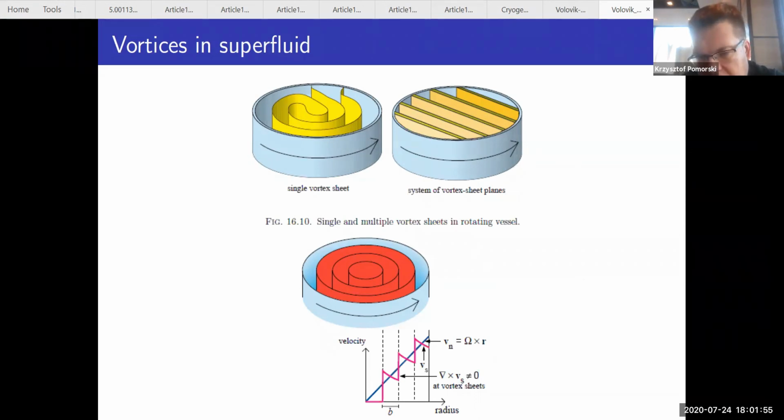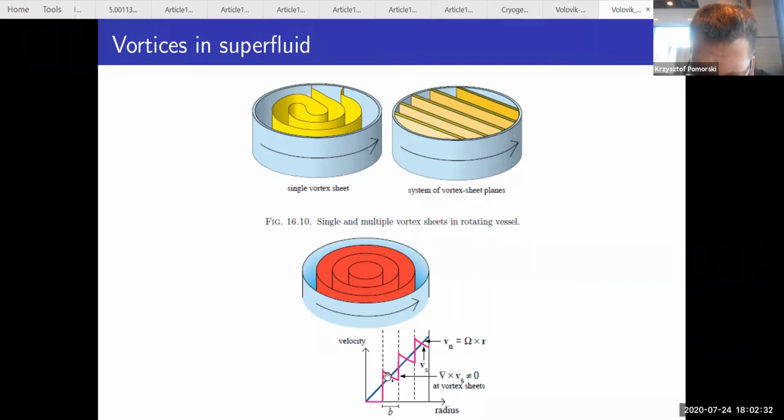This is a very good picture of how a quantum wave function is formed. If you rotate the cylinder with superfluid, you get velocity versus radius, and indeed you can see such dependence. Zero angular momentum is inside, and this is the first level of angular momentum, to two, and so on.